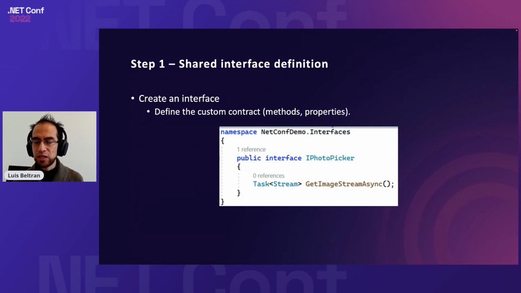I will define this one as the shared interface. Here you will define your contract, methods, properties, and so on. In this case, I have an interface IPhotoPicker, and I define the method GetImageStreamAsync.